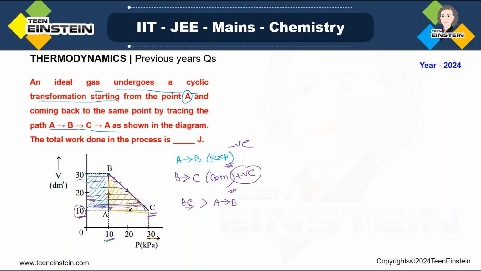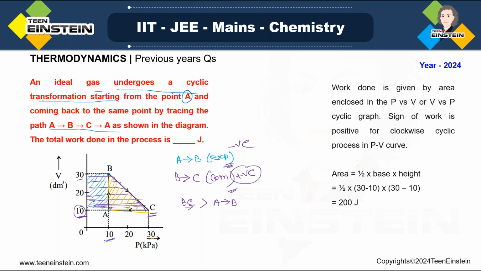So that is why here area will be half into base into height. Now base is 30 minus 10 and that is height, that is also 30 minus 10. So ultimately what will happen, in case of base 30 minus 10, and 30 minus 10, it is 20 into 20, 400 divided by 2, so it is 200.